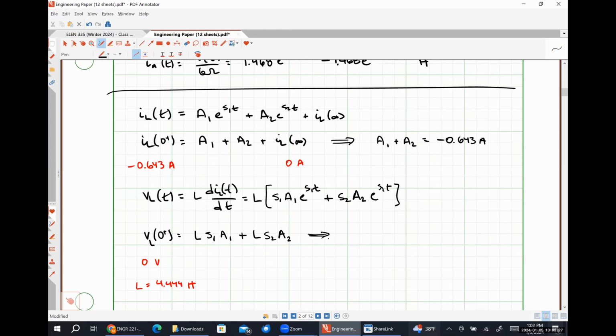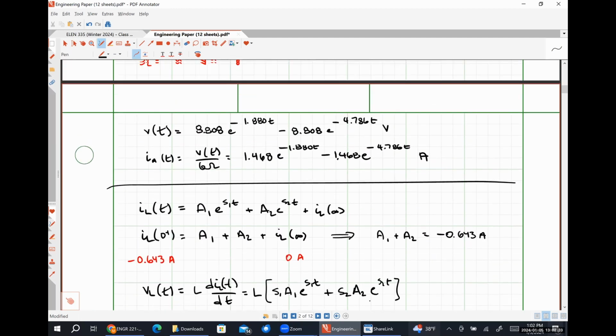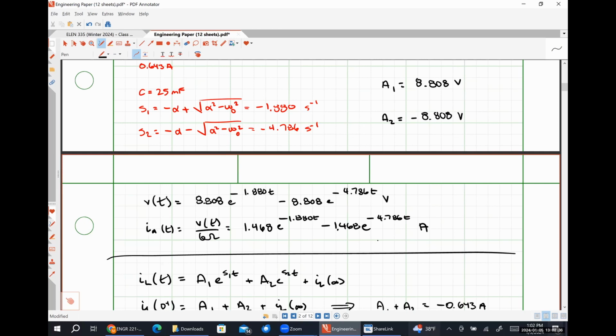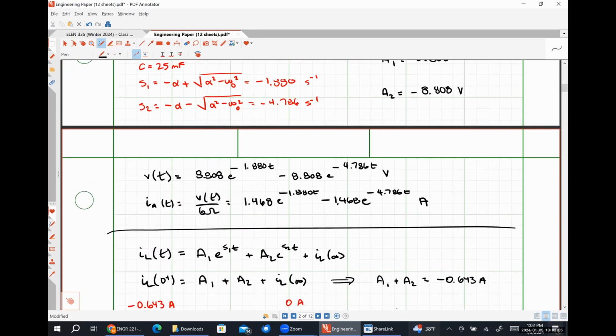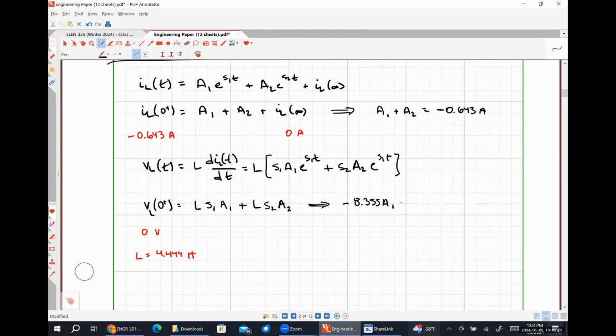We already found S1 and S2 previously, so we're just going to use those. So 4.444 henries times S1 of negative 1.880 gives me negative 8.355 A1. Then 4.444 henries times negative 4.786, which is just S2, gives me negative 21.269 A2, and this will be equal to 0.